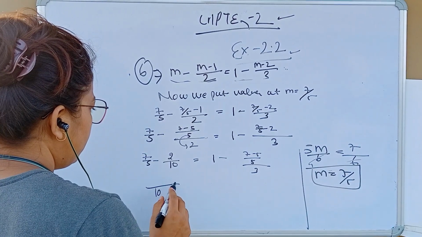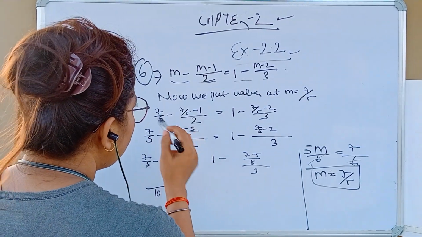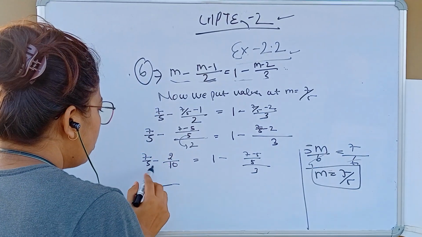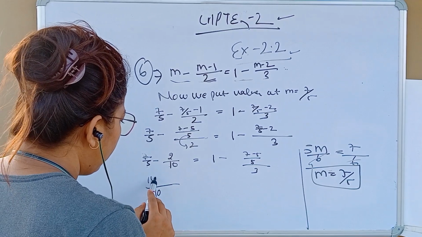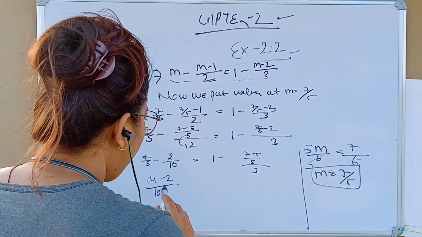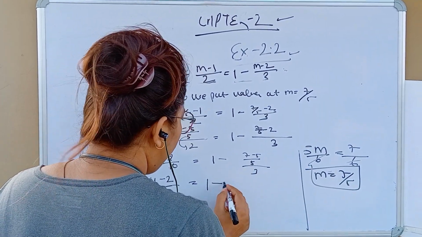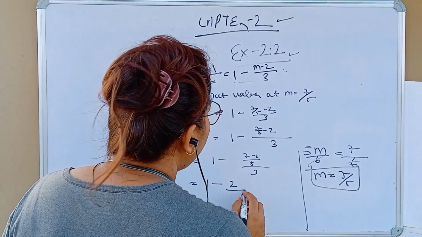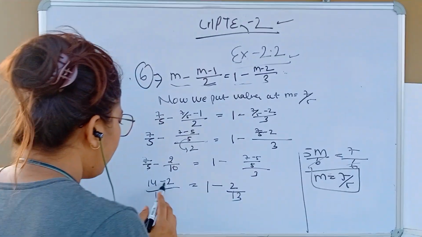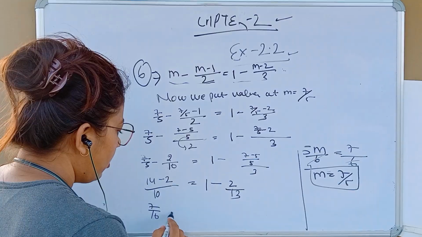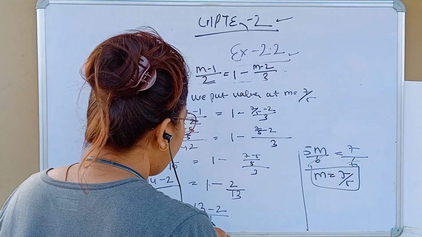So 14 minus 2 is equal to 1, 7 minus 5 is 2, and 1 minus 2 divided by 13. That is minus 2 divided by 13.